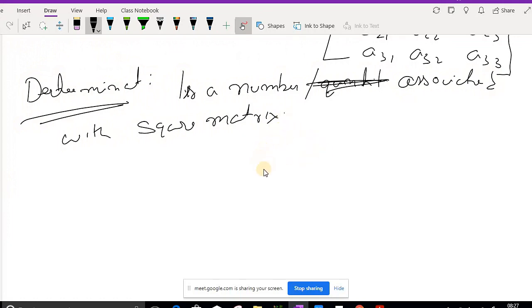So the first thing is, if you have to find the determinant of a matrix, it should be a square matrix. If it is not a square matrix, we cannot take the determinant.